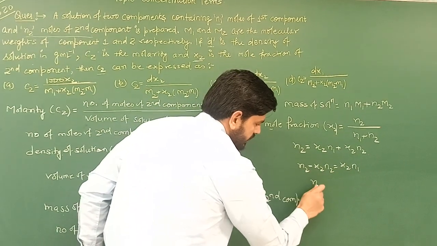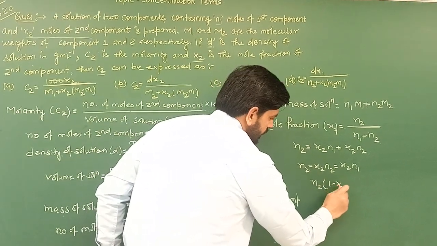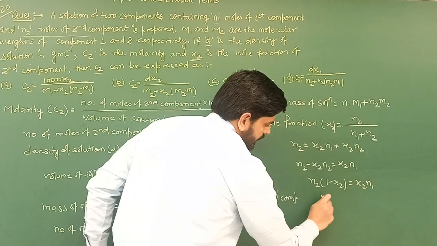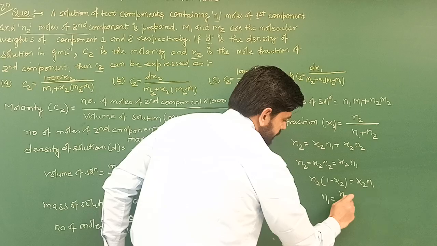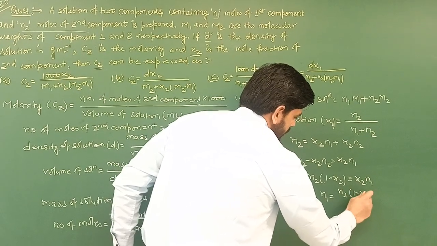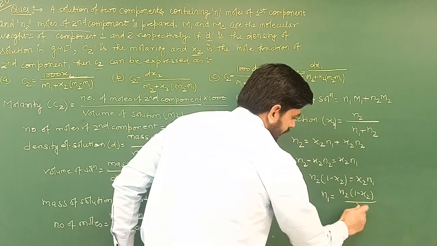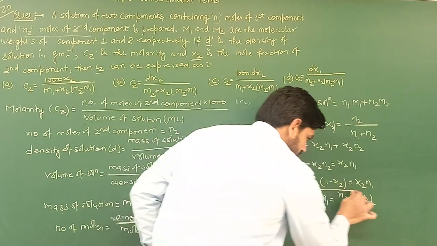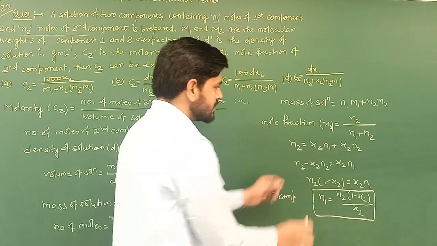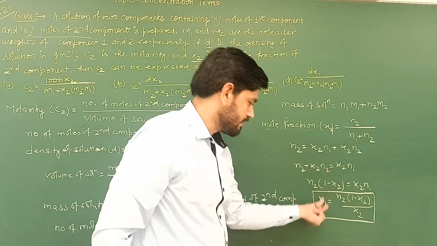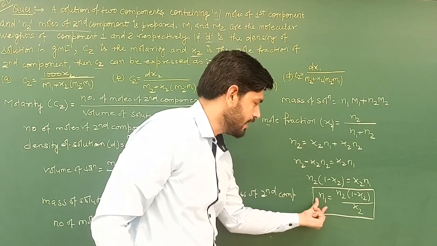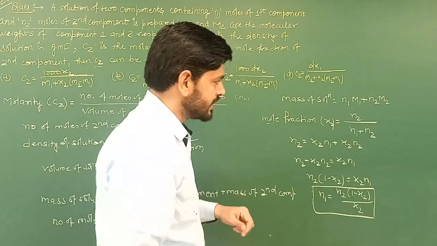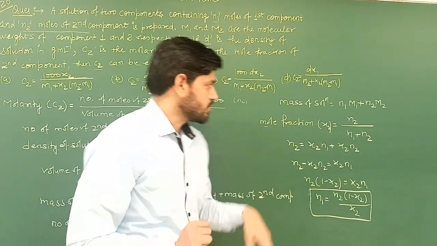Take N2 as common, N2 into 1 minus X2 is X2 into N1, and therefore N1 is equal to N2 into 1 minus X2 divided by X2. So this is the value of N1. By using this relationship, we can solve for this mass of solution. We have to put this value of N1 into this expression so that we can find out the mass of the solution in terms of N2 and X2.